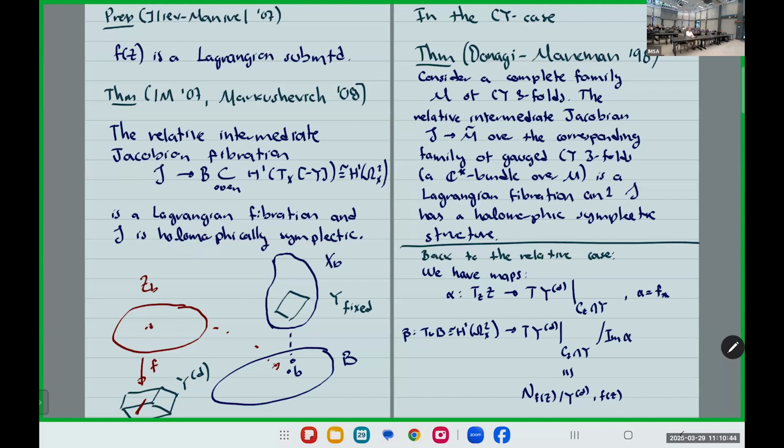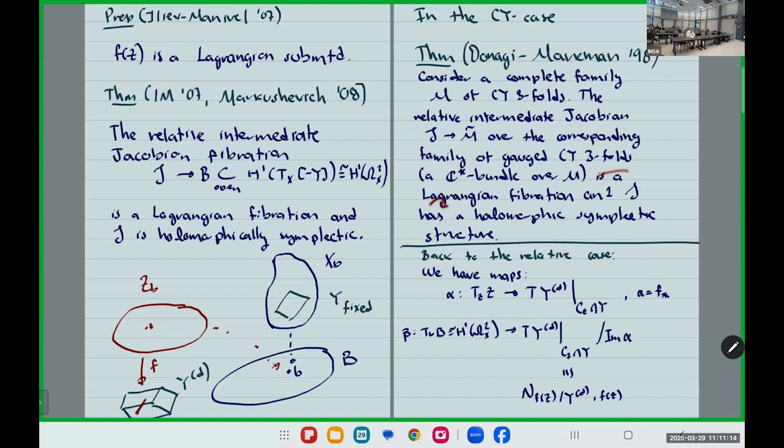So now, this is the relative analogue of a result of Donagi and Markman. They show in the absolute case that if you have a complete family of Calabi-Yau threefolds, the relative intermediate Jacobian, you have to take a C star bundle over M. So this is called a family of gauged Calabi-Yau threefolds.